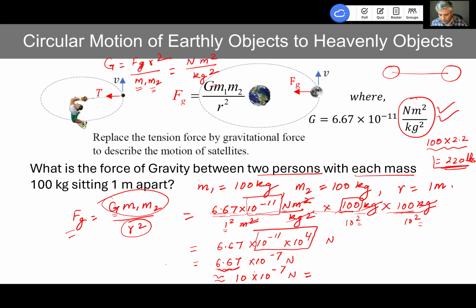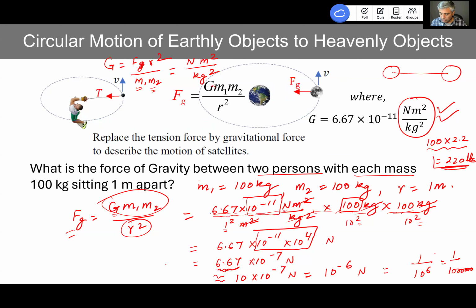And now you can see why I am doing that. 10 is 10 to the power 1, which means this is going to be 10 to the power -6 Newton, which also means 1 over 10 to the power 6, or 1 over 1 with 6 zeros, and 1 with 6 zeros is million.